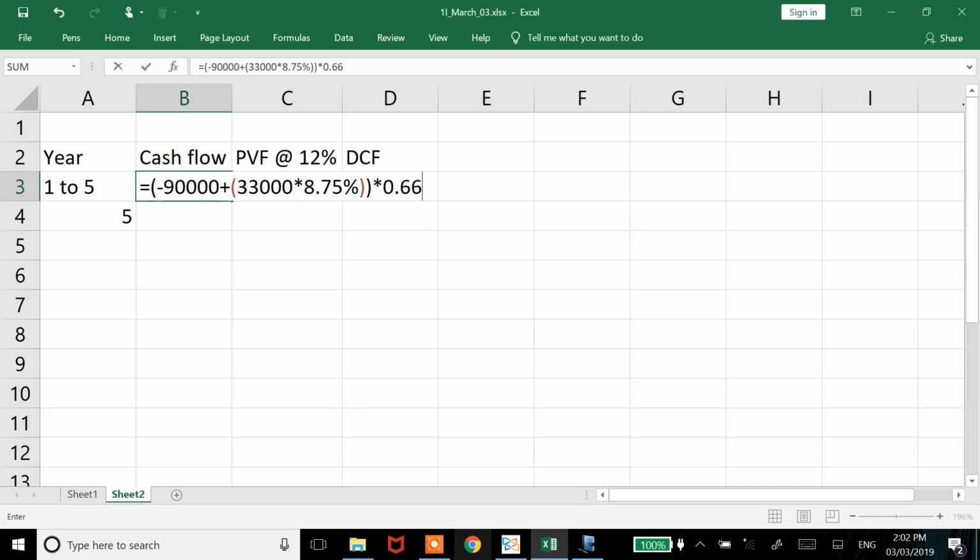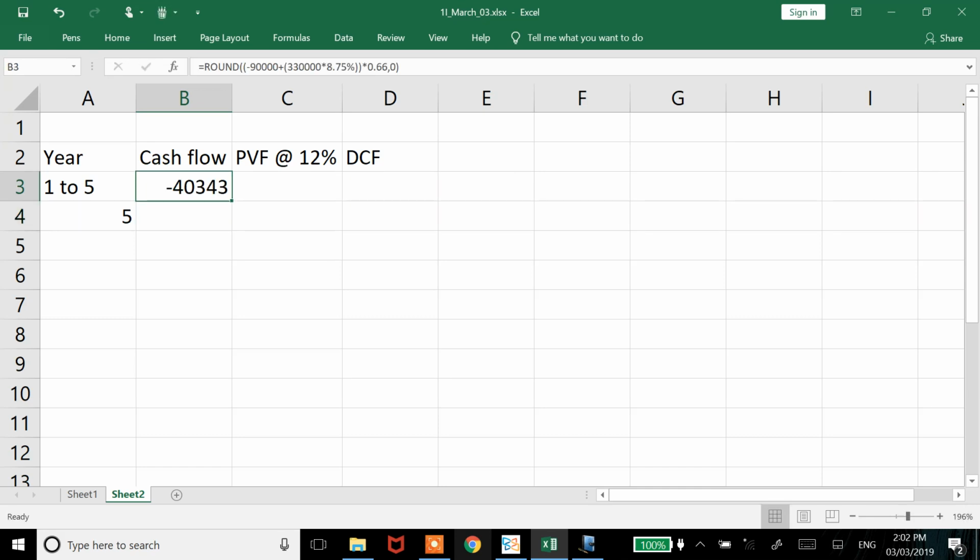90,000 minus 3,30,000 into 8.75%, that is 330 into 8.75% into 0.66.